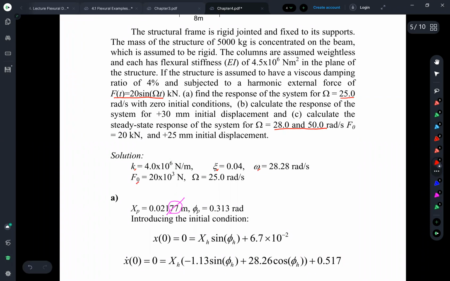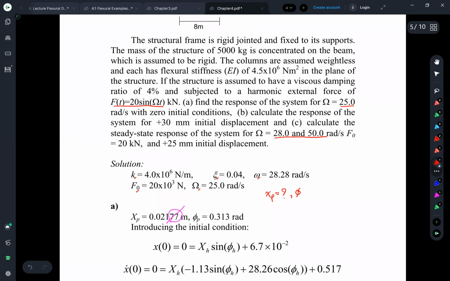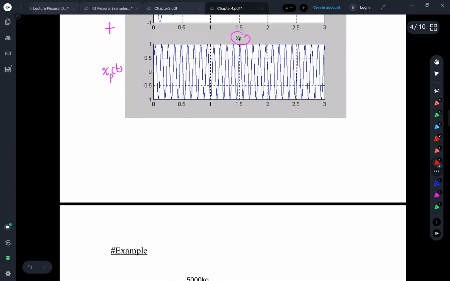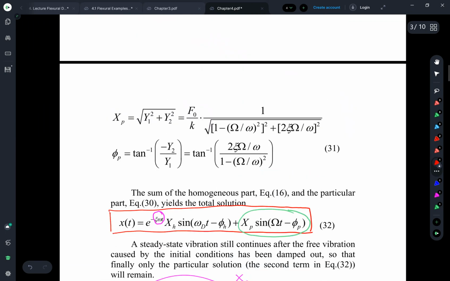F0 and big omega Ω. Once this information is on hand, I think it's quite easy to compute. You start to compute XP, right? And VP. The XP and VP is this one, right?